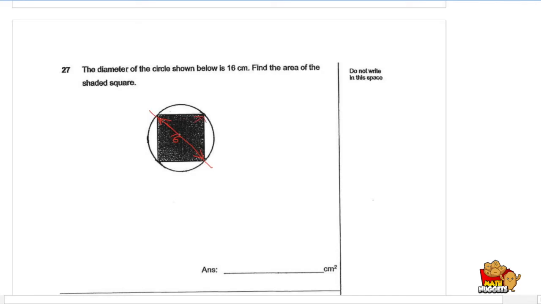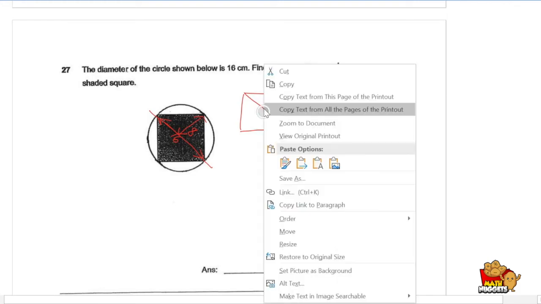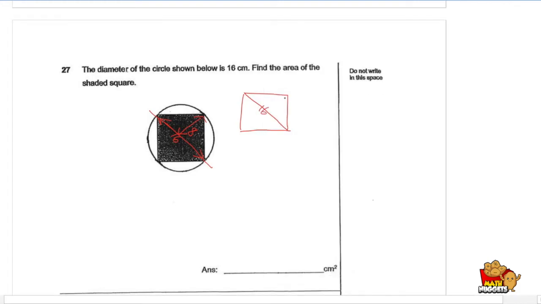So my height of this triangle would be 8, which is half of the diameter, which is the radius. So let me just draw out. Okay, so what I mean is, instead of looking at it as a square, I'm going to look at it as a triangle, with the base being 16, and the height over here is 8.